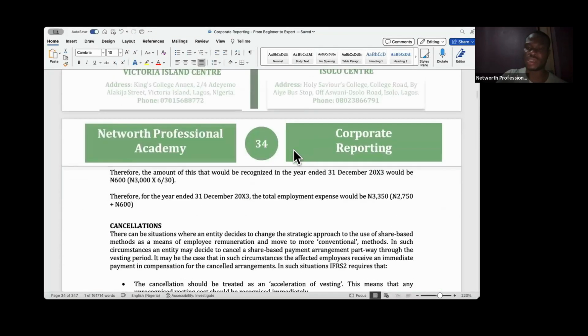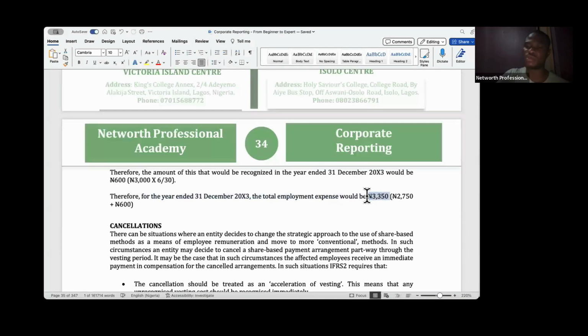In the first year where the repricing occurred, as at 31st December 2003, that's 6 months from the date of the increase. So we prorated this by 6/30, which gave us 600 naira. So what we're recognizing in the first year is 2,750 plus 600, which is 3,350. And of course, our equity reserve will have increased by the same amount.